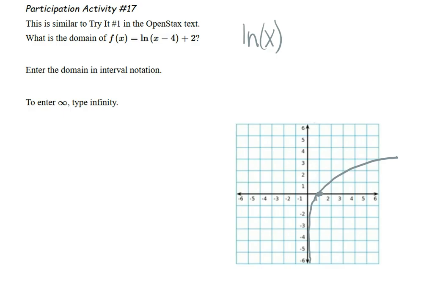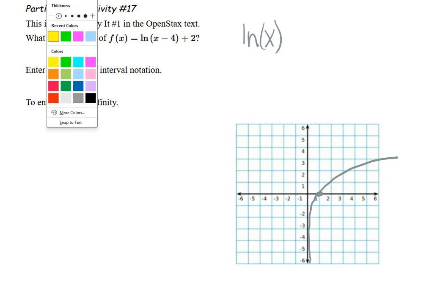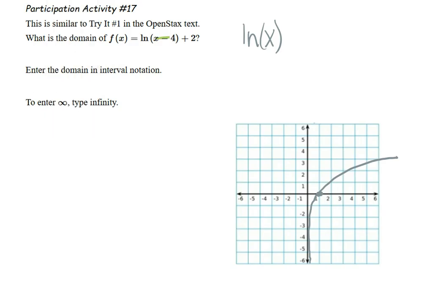put in the minus 4, let me use the highlighter, green. If you're looking at the natural log of x minus 4, when it's inside the parentheses, it's actually going to move positive 4. I see a minus 4, but it really moves 4 to the right.